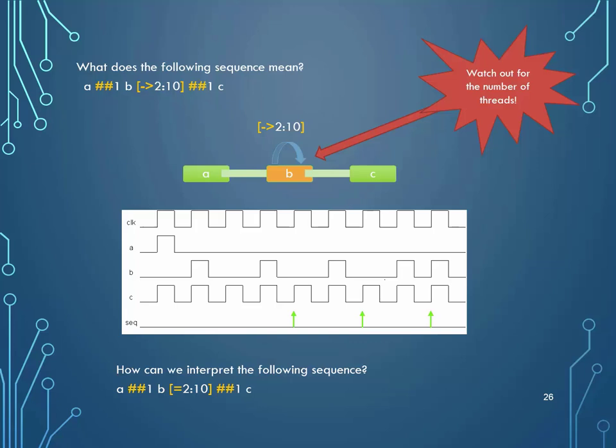A is happening here in this clock event, and one time after that we are looking for B. B at the second time it happens, and one clock cycle after that, C is true, and our sequence gets asserted here. But since we are using multiple threads, or we are specifying multiple ranges, then it can happen in the third time, fourth, fifth, and so on. Just when this condition of one after that C appears, then we have the assertion of that sequence.